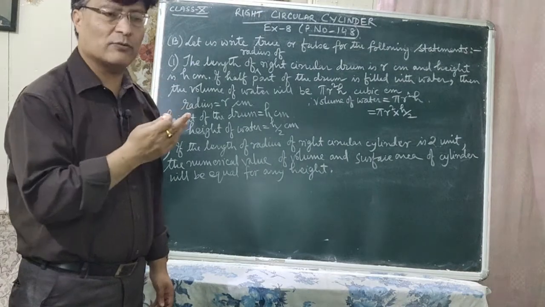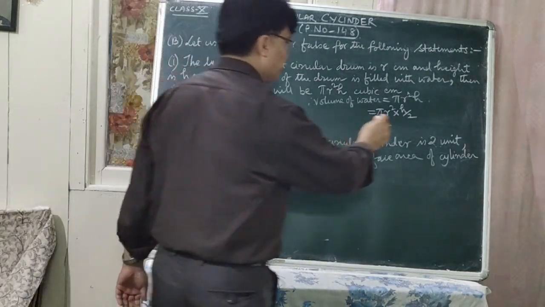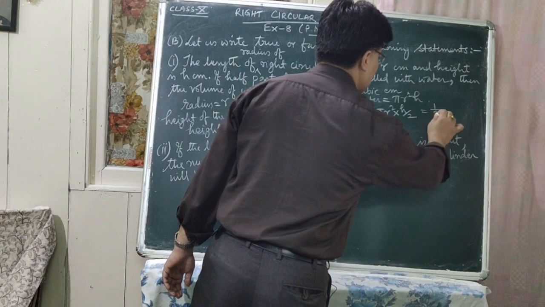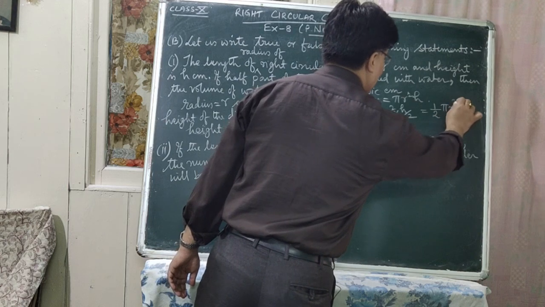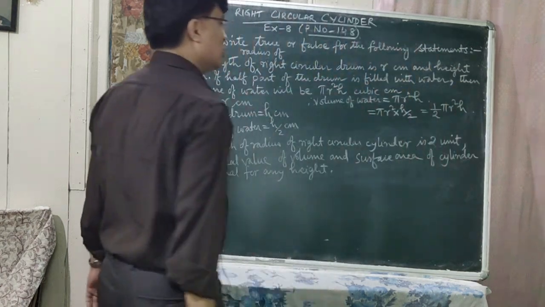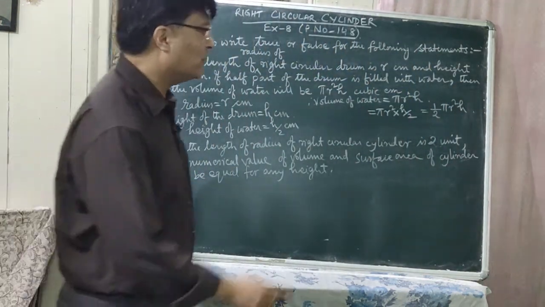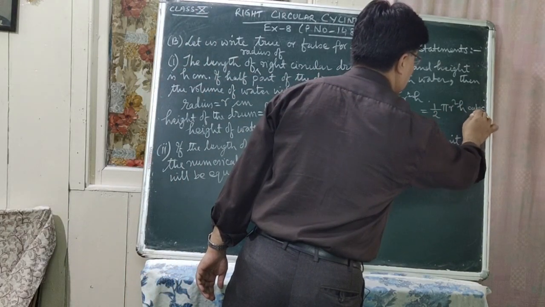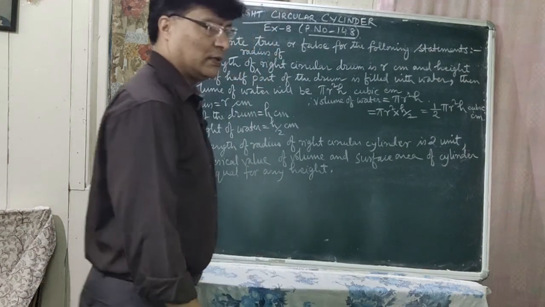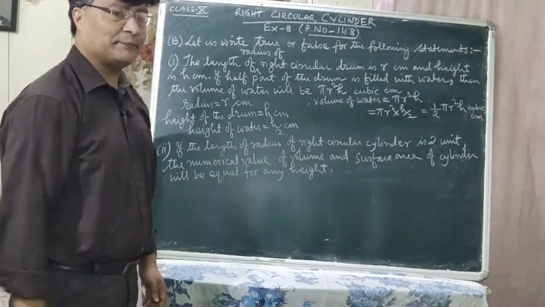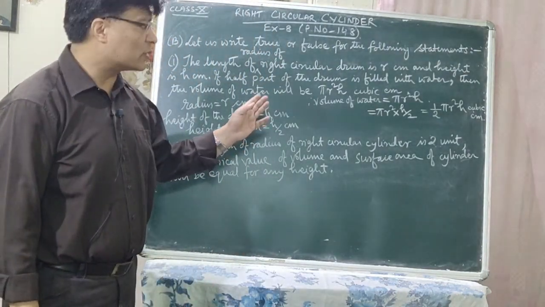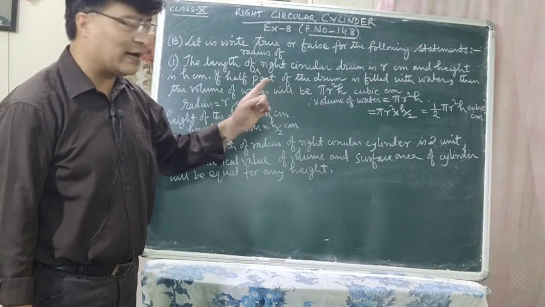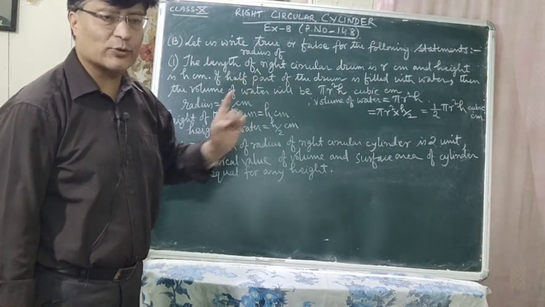So the volume of water is half pi r square h cubic centimeter.